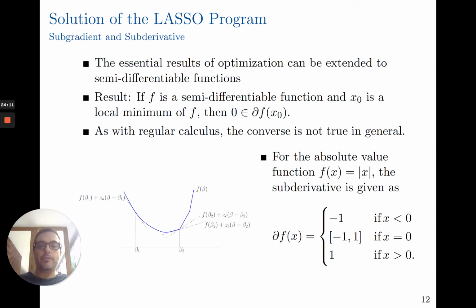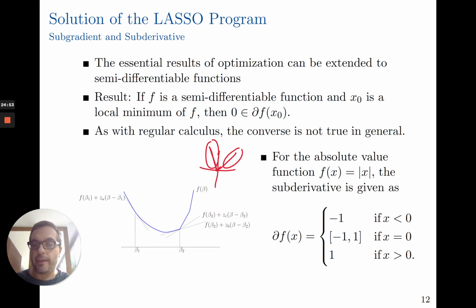So for the absolute value function, if we draw it here, for all points but the origin we have the derivative well defined. If x is negative, so we are in this region here, the subgradient will be -1. If x is strictly positive, we are in this region here, the subgradient will be equal to 1. The problem is this point here.